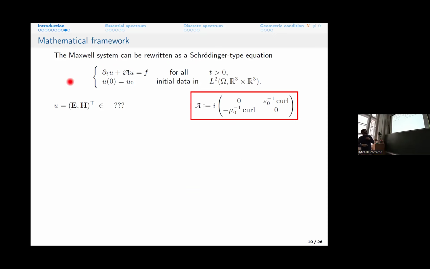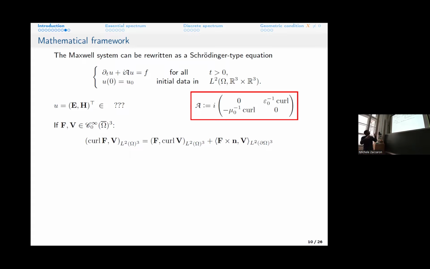So I introduced it here, it's actually an operator with the 0, 0 on the diagonal, and differential terms. I need to define its domain, the base Hilbert space, the energy Sobolev space where it lives, and this will be done in the next minute.